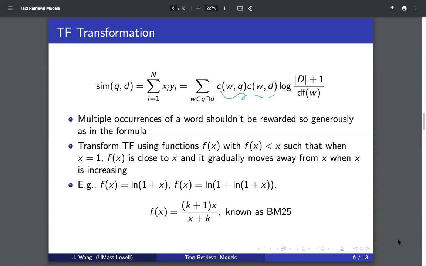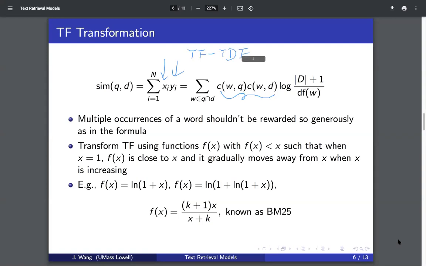So we are going to do a dot product. In other words, each of these xi and yi, we're going to use TF-IDF for each value.